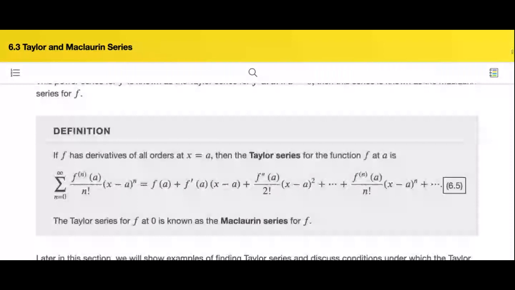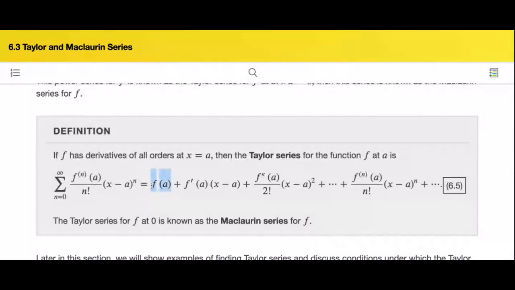So for a Taylor series, we need a function that has all orders of derivatives, a smooth function, at a certain point. So the Taylor series is defined this way. Nth order derivative divided by n factorial, evaluated at the center A, multiplied by x minus A raised to n.